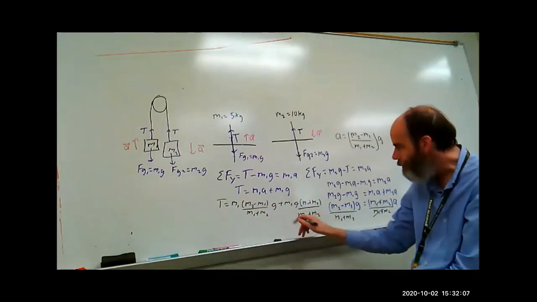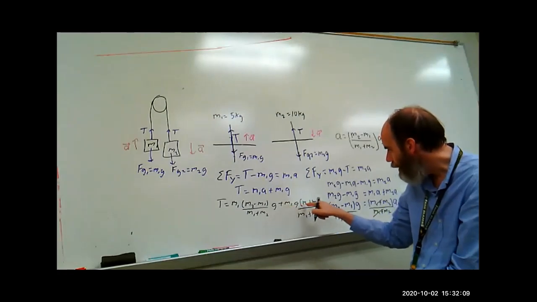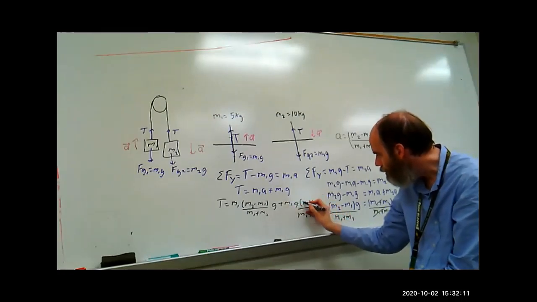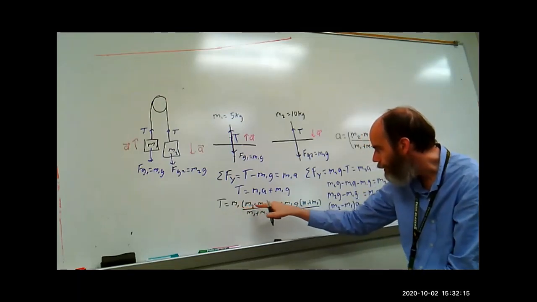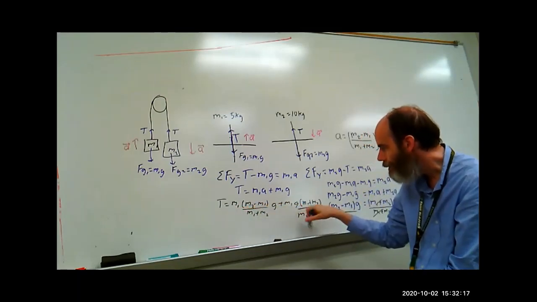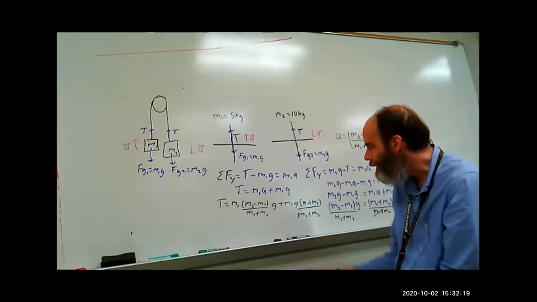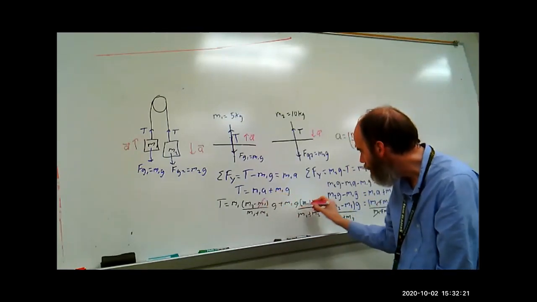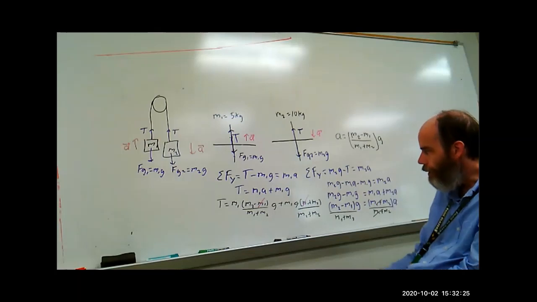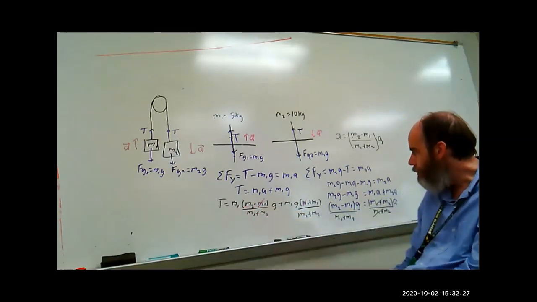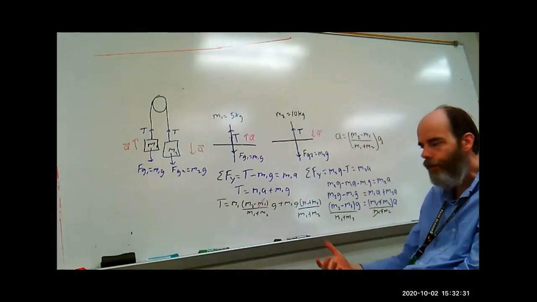Now look here. m1 times m1, and m1 times m1. But we have negative, positive, so this term and this term cancel out. So we have m1 times m2 and m1 times m2, so that's 2 m1 m2.